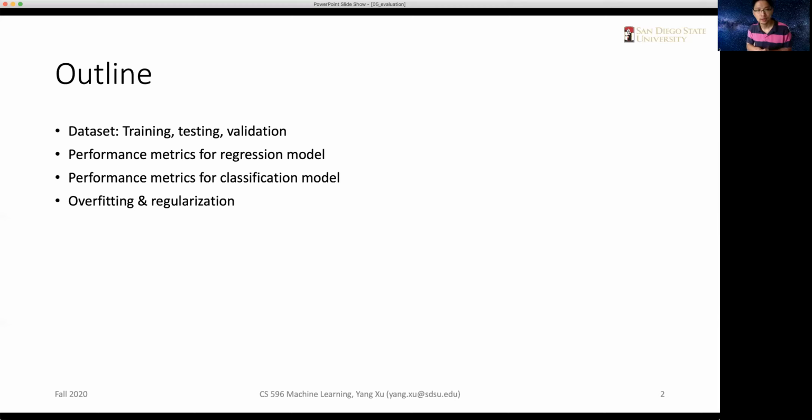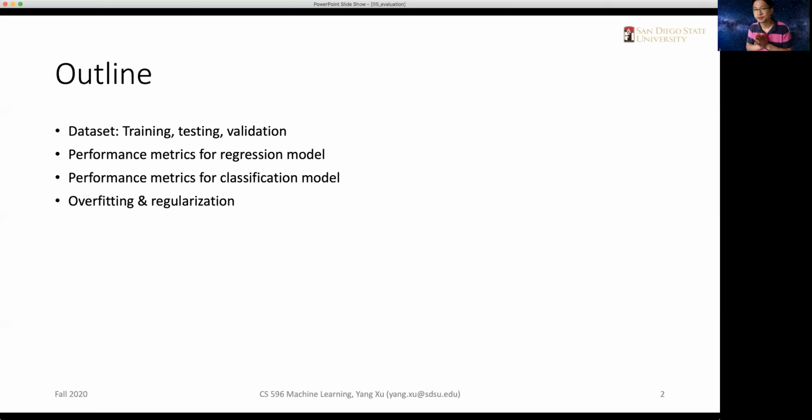All right. So after data, we're going to introduce a bunch of computational metrics for evaluating the performance of models. We'll use one slide for regression models and a bunch of slides for classification models.